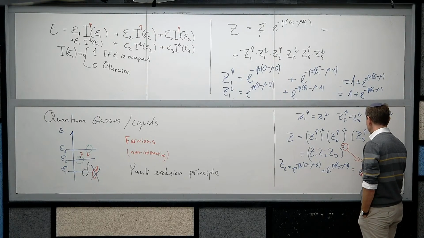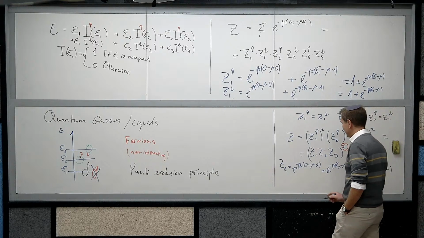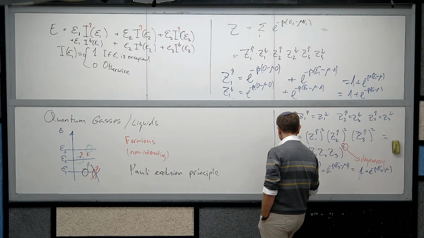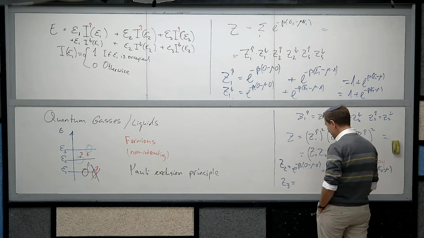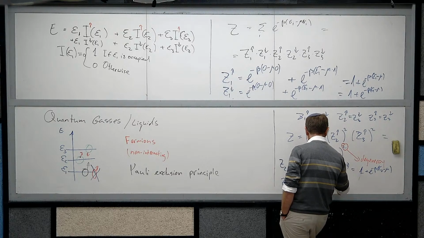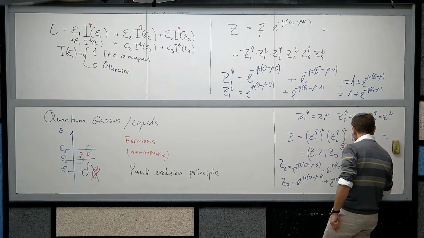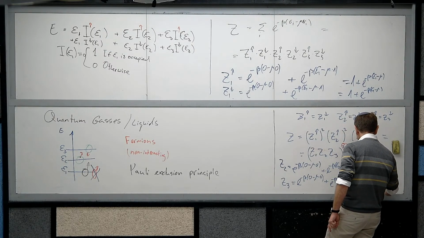So it is just 1 plus e to the power minus beta epsilon 2 minus mu. The same goes for Z3. So what is Z3? It is e to the minus beta 0 minus mu multiplied by 0, plus e to the power minus beta epsilon 2 minus mu multiplied by 1, which is 1 plus e to the power minus beta epsilon 2 minus mu.